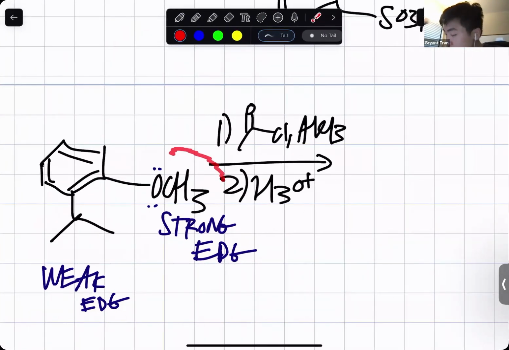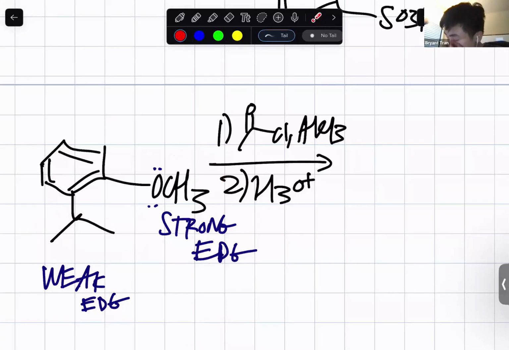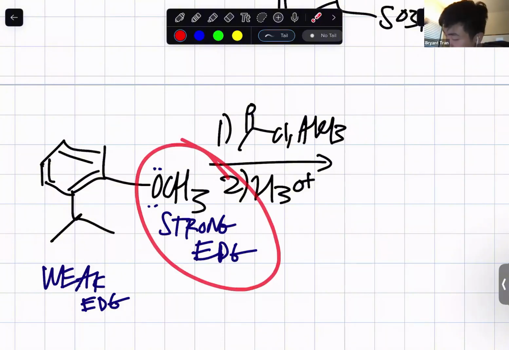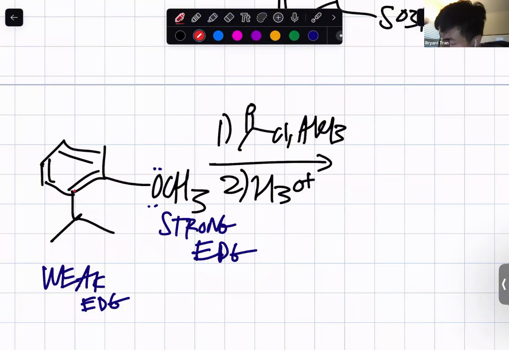Because we have 2 directing groups available, we choose the one that has a higher activating power. Which one will activate the ring the most? Or if they're both EWGs, which one will not deactivate the ring as much? So the strongest activator here is the strong EDG. If I locate the ortho and para positions to this EDG, we have this open position and this open position.